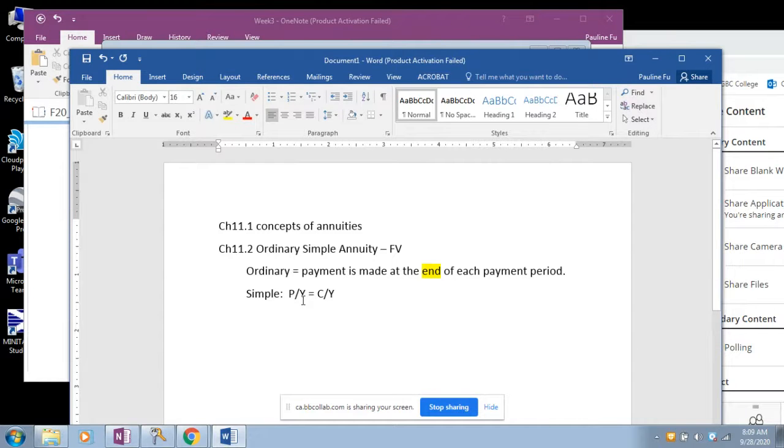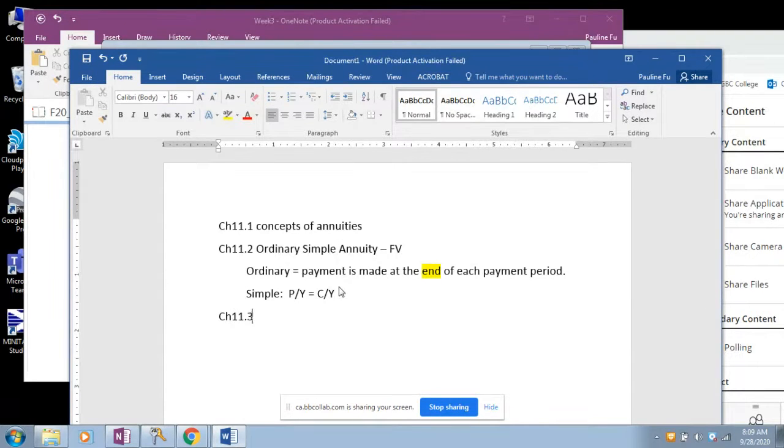Another example would be you make a payment every quarter and interest is compounded quarterly. That is a simple annuity. Still another example would be you make a payment every year, interest is compounded annually. That is a simple annuity.